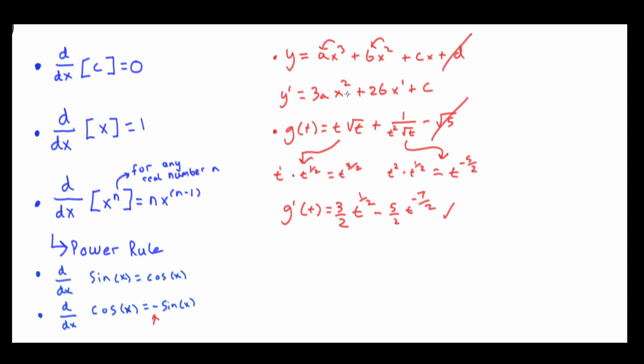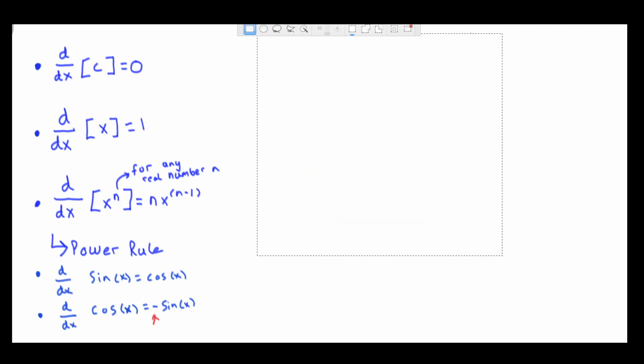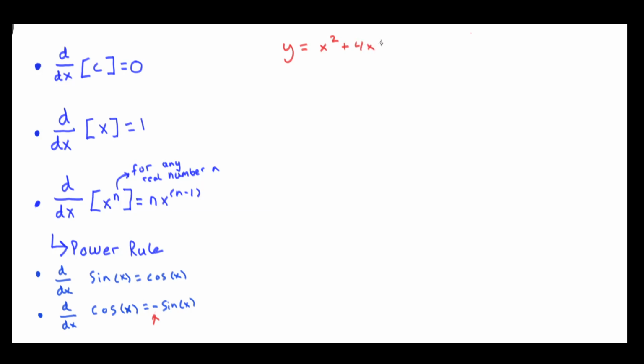So we'll go over one more example here. Say we have y is equal to x squared plus 4x plus 3 over radical x.